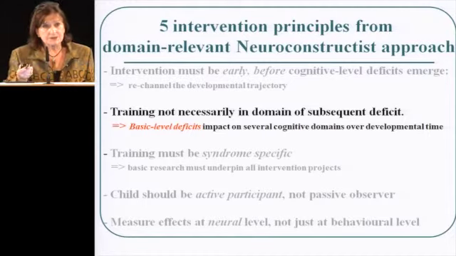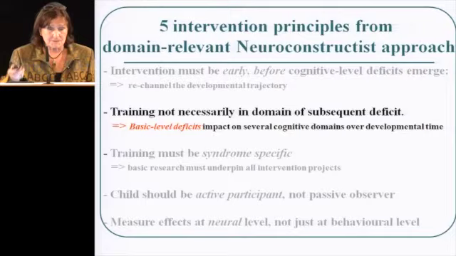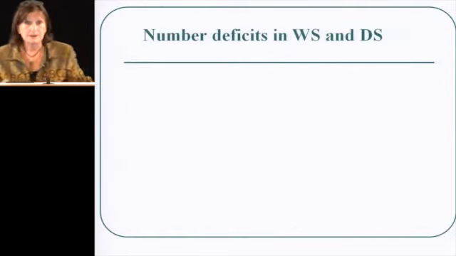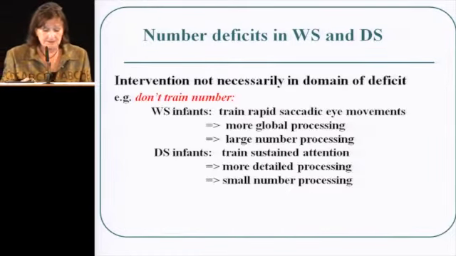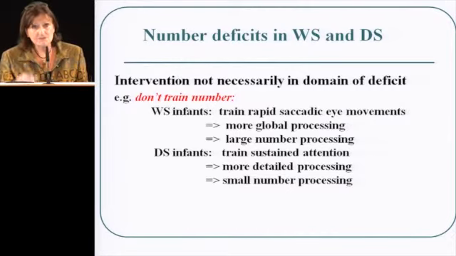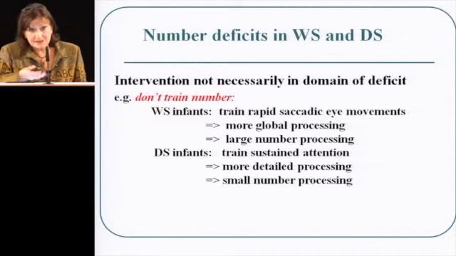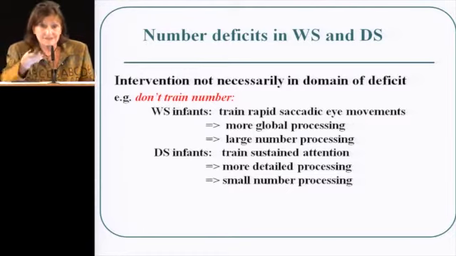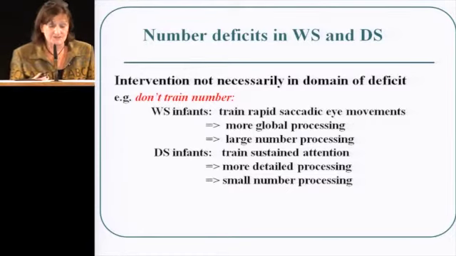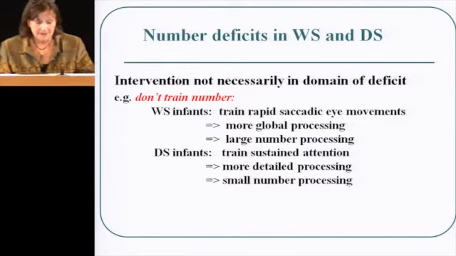Also said that training should not necessarily be in the domain of deficit that we know about later from research. So the example was number in Williams and Down syndrome. So what I want to argue is that in Williams syndrome, we don't train number, but we train rapid movement sequences. That should lead them to more global processing, and that should affect later the large number processing and other areas.